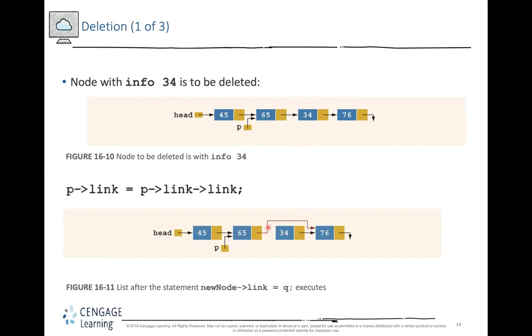So that's how it might look. Essentially, P arrow link is assigned with P arrow link's link. The P arrow link points to originally 34, and then that node's link is what we want, because we need to bypass this node that we're deleting.